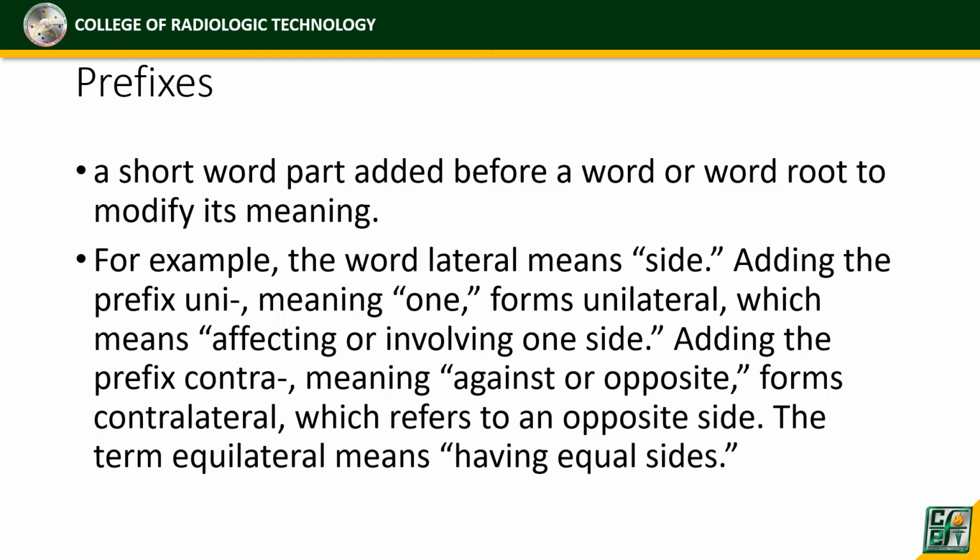Adding the prefix contra, meaning against or opposite, forms contralateral, which refers to the opposite side. The term equilateral means having equal sides, with equi meaning equal and lateral meaning side. So those are the prefixes.